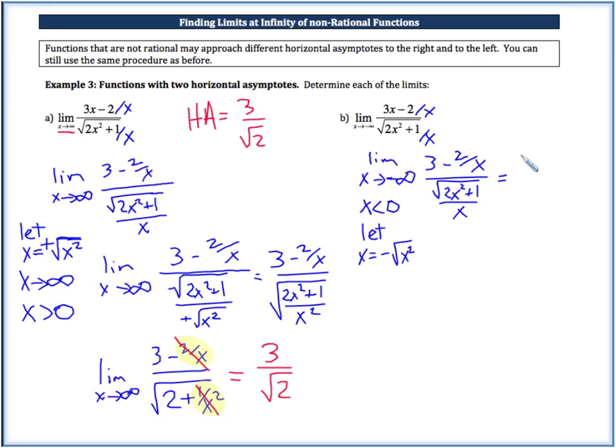So if we're going to negative infinity, we're going to let x equal negative square root of x squared. We can rewrite this one here, 3 minus 2 over x, and then this will be the square root of 2x squared plus 1 over negative square root of x squared.